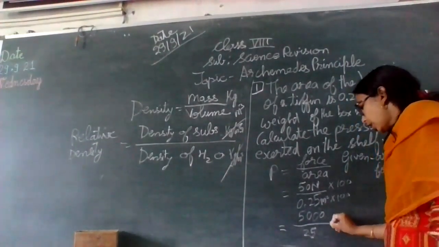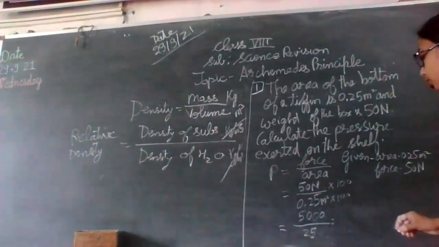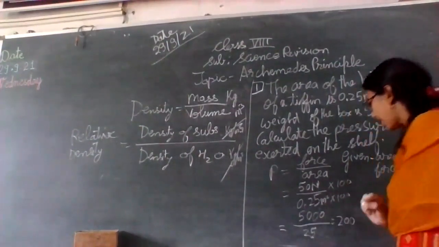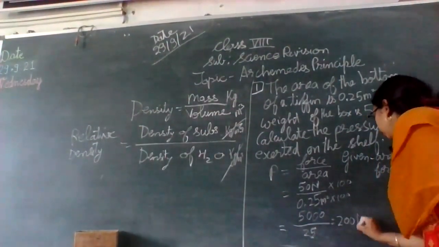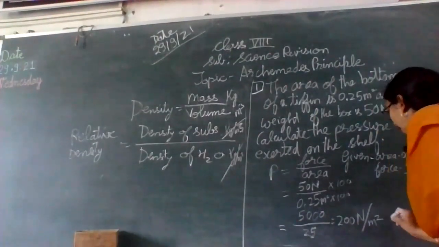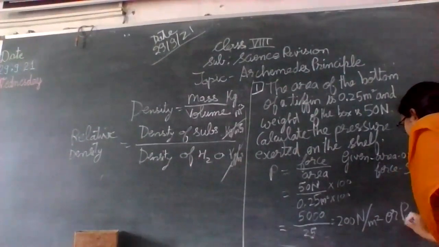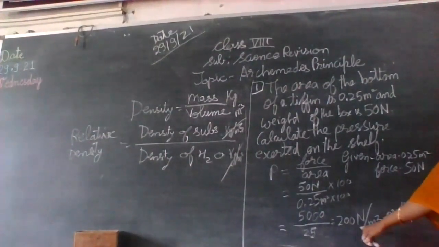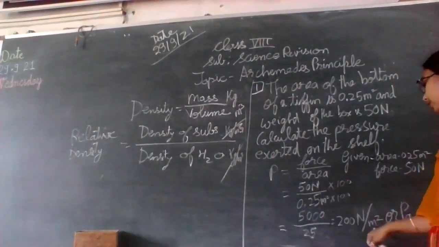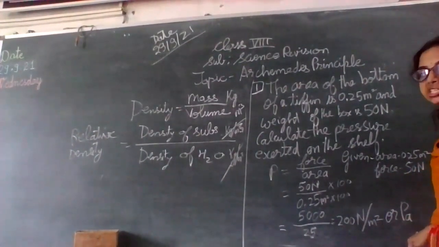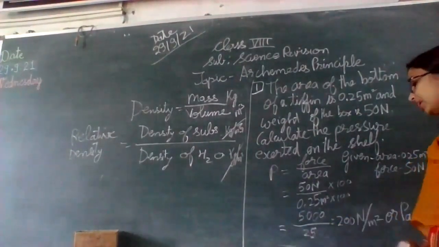In that case, I will get the answer 5,000 divided by 25, which is 200, and the unit will be Newton per meter square, or Pa, that is Pascal. Pressure unit is Pascal. Actually, it is Newton for force and meter square for area. Newton per meter square or Pascal is the unit of pressure.